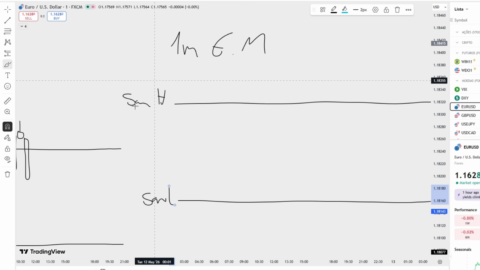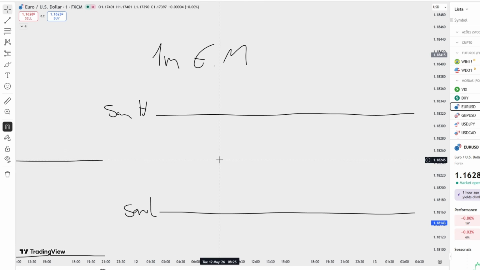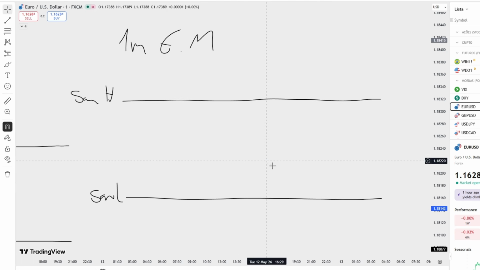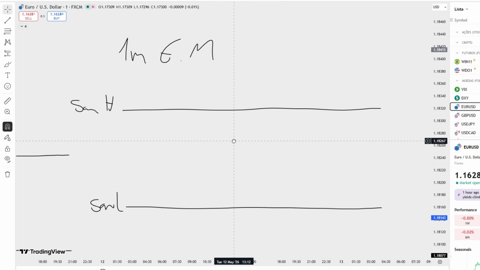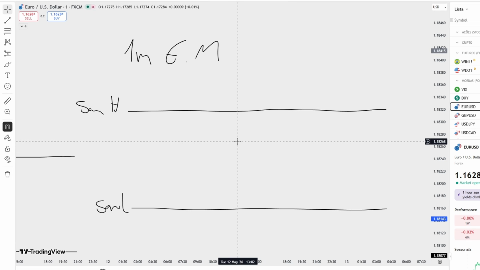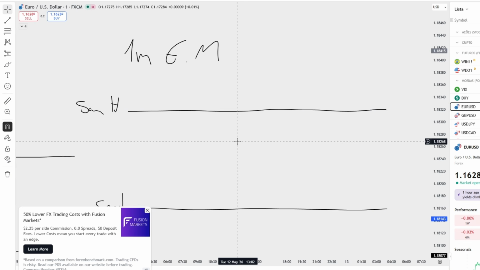This is your range. What's going to happen is now you are in the 1 minute time frame, and for me, it works best on the 1 minute time frame. I prefer to work with the 1 minute time frame.